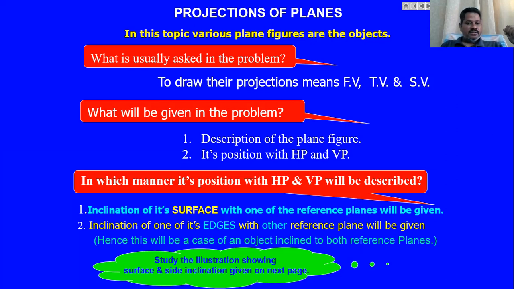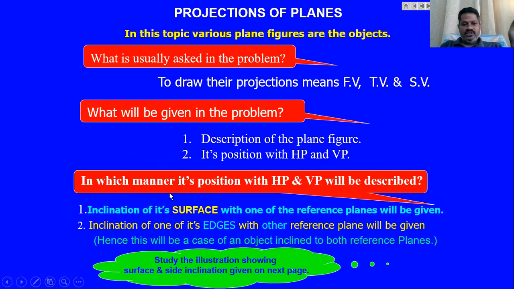In the problem, they will give us the description of the plane figure, that means what exactly the figure is. The figure can be a rectangle, a hexagon, or any triangle shape. It can be any shape. Then its position with respect to HP, the horizontal plane, and the vertical plane will also be given in the problem.